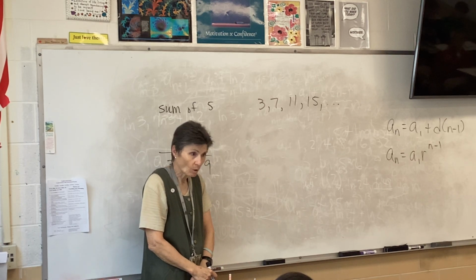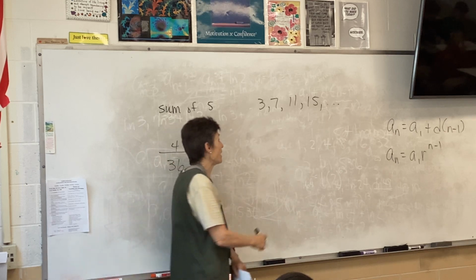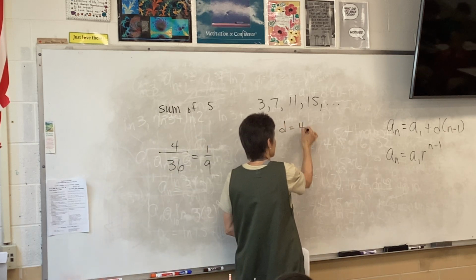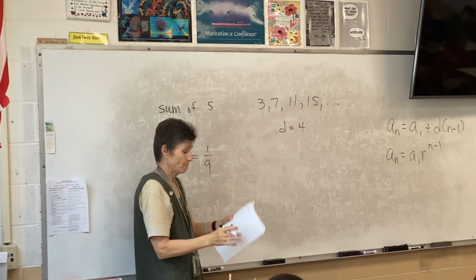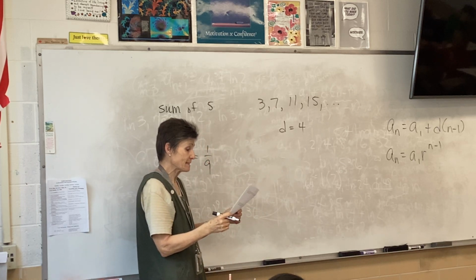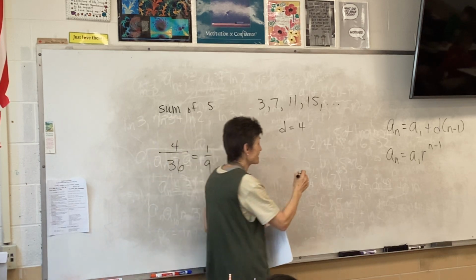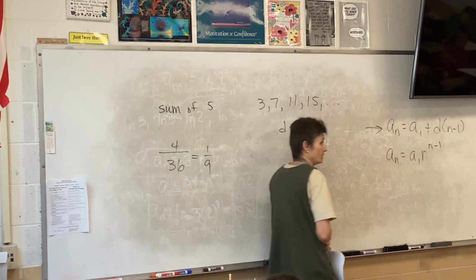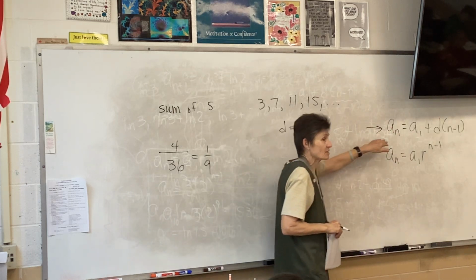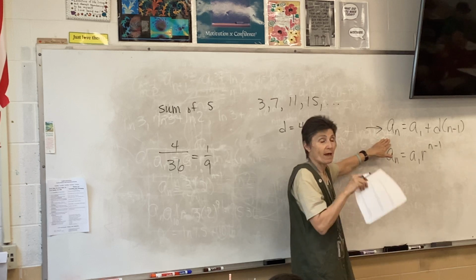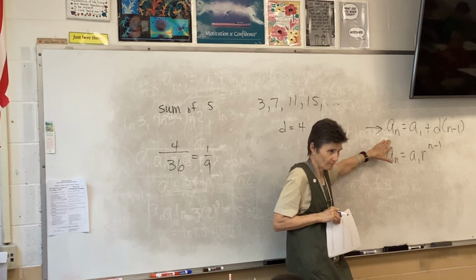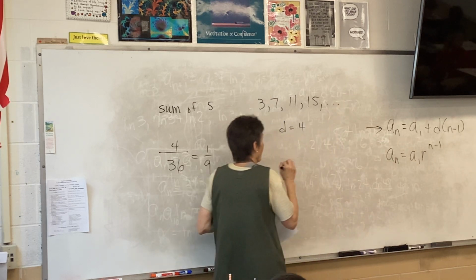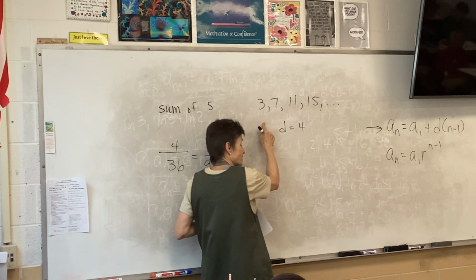I'm adding 4. So it's arithmetic and the common difference is 4, right? Give an explicit formula. This is an explicit formula. This is the explicit formula for every arithmetic sequence in the whole wide world. I want the one that goes with this sequence.